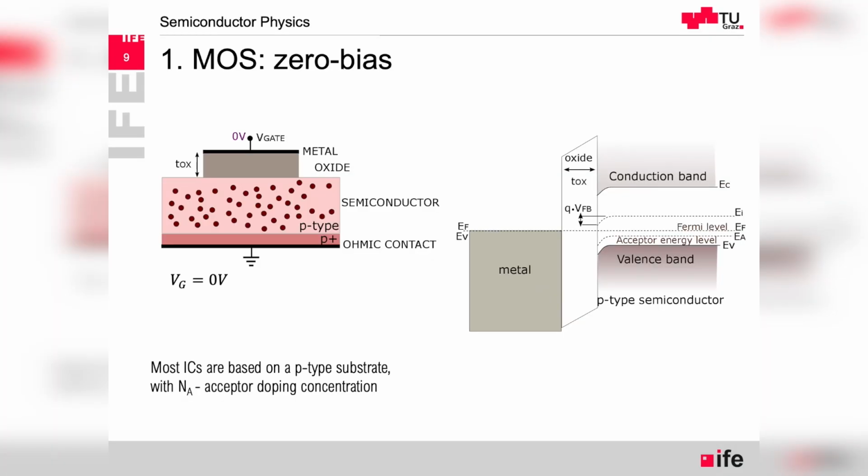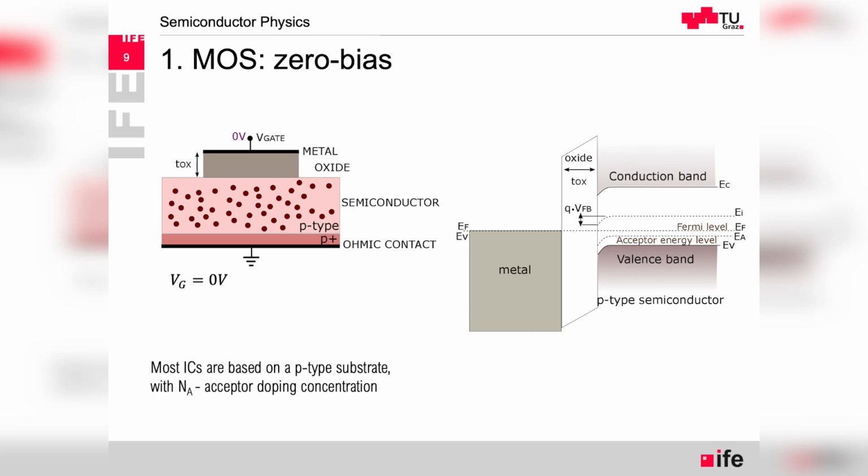So let's start with zero bias. We have here an even simplified structure because I'm removing the drain and source. So we basically have something which is also called a MOS capacitor. This component exists where we have no drain and source, but we can see it also as a capacitor.